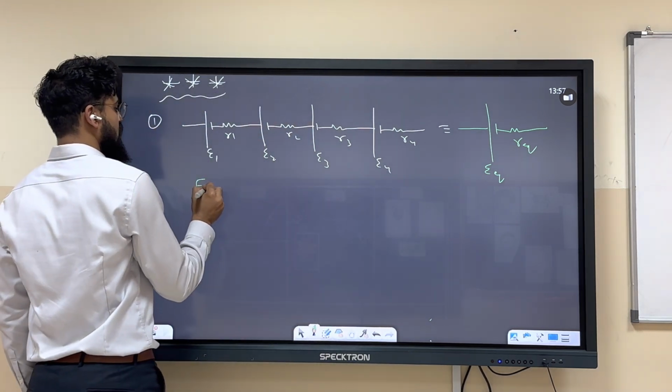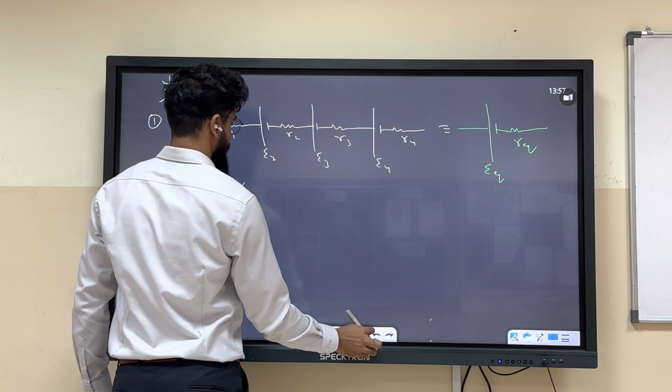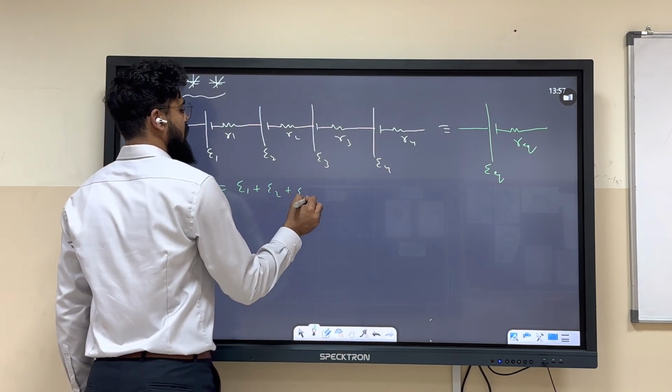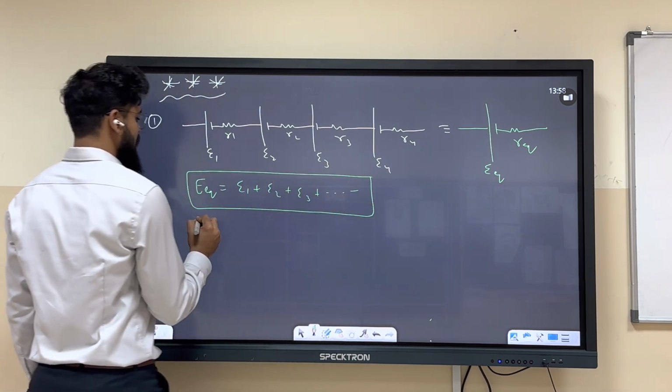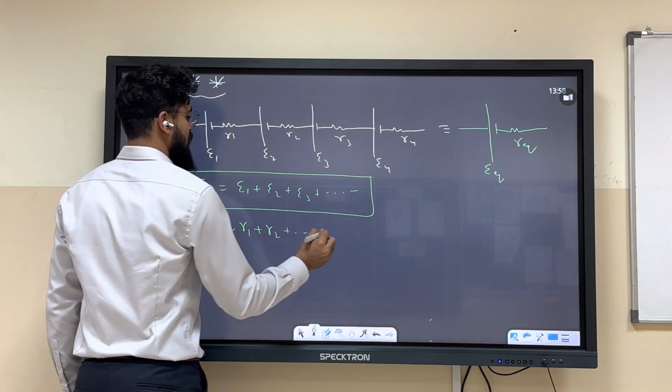So E equivalent will be nothing but E1 plus E2 plus E3 and so on. And similarly, R equivalent will be R1 plus R2 and so on.